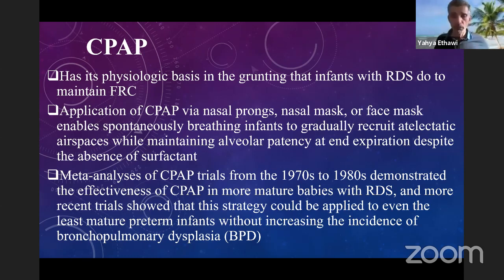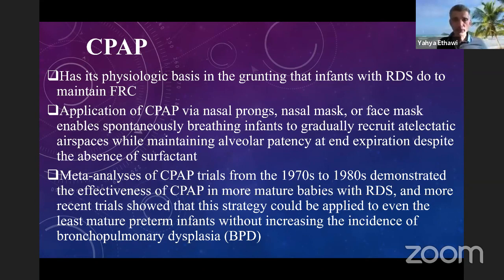We have fixed flow or continuous flow CPAP, we have intermittent flow CPAP, and we have bubble CPAP. And we use different interfaces such as nasal prong, nasal mask, or face mask. To give CPAP, the child should be spontaneously breathing. To improve spontaneous breathing, we need, of course, caffeine. So these are important to start CPAP, and remember, the baby should be breathing.